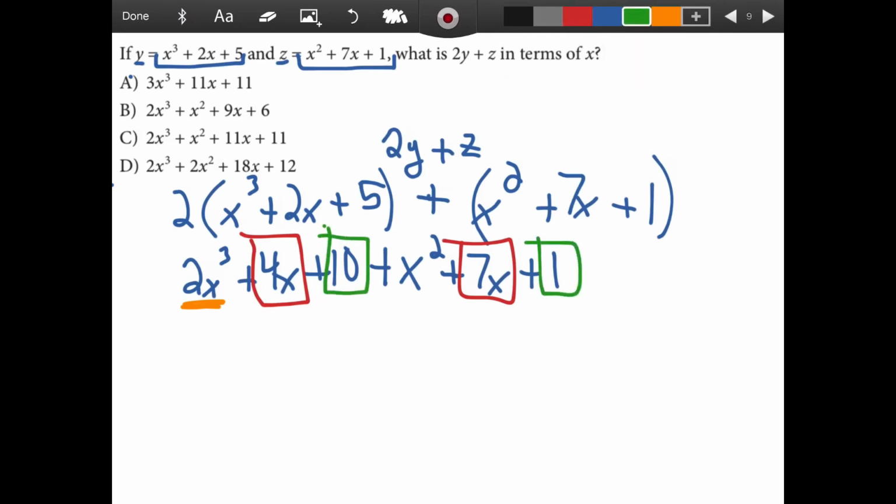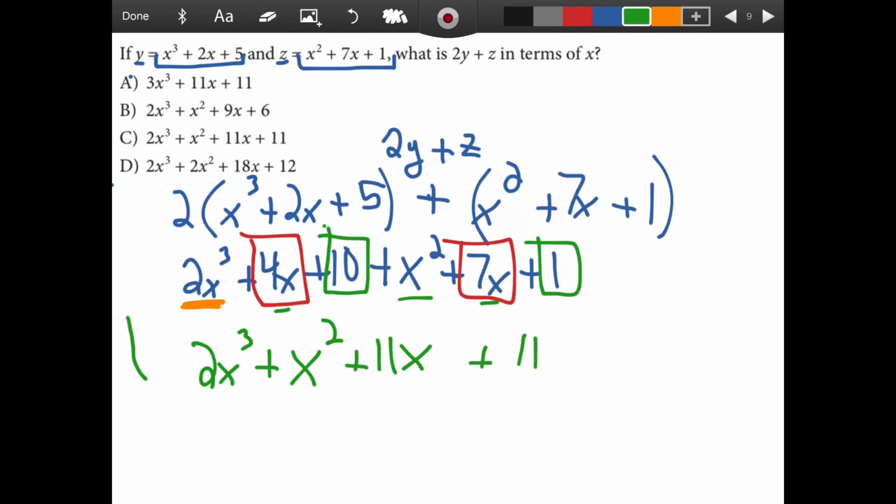So when I write this out, you get 2x to the third, plus x squared, 4 plus 7 is 11x, 10 plus 1 is 11, and see if this matches with any. Choice C, 2x to the third plus x squared plus 11x plus 11. And we're good.